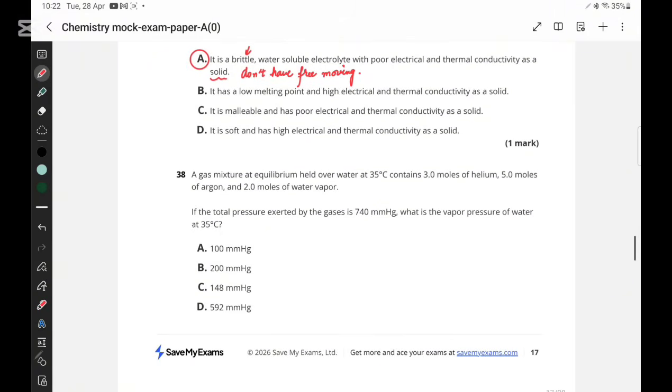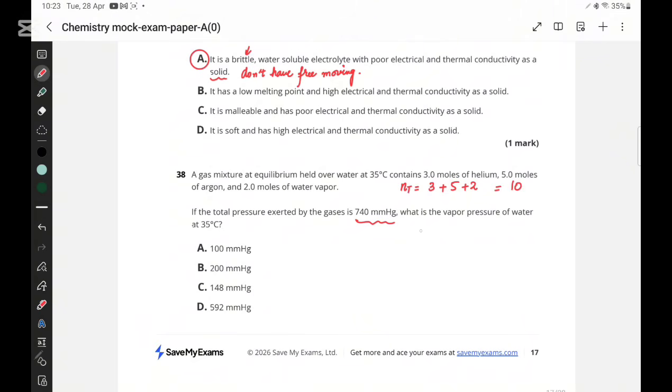So for the next question, a gas mixture at equilibrium held over water at 35 degrees Celsius contains 3 moles of helium, 5 moles of argon and 2 moles of water vapor. So the total number of moles is 3 plus 5 plus 2, and that comes out to be 10. If the total pressure is 740 millimeters of mercury, what is the vapor pressure of water?